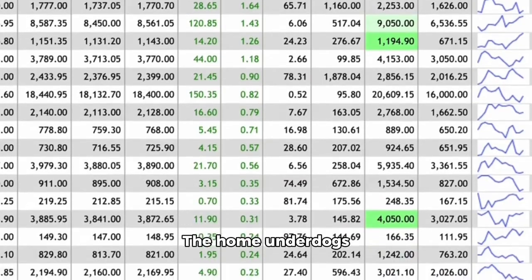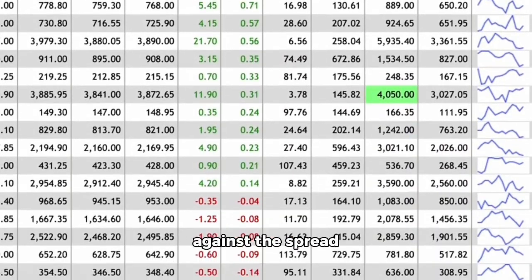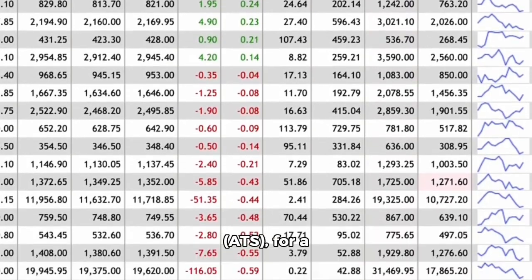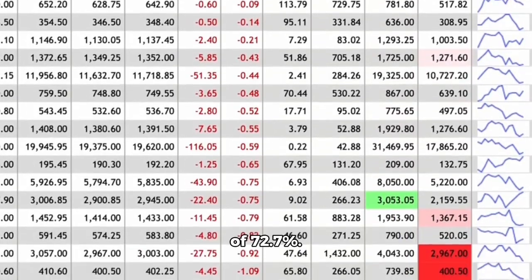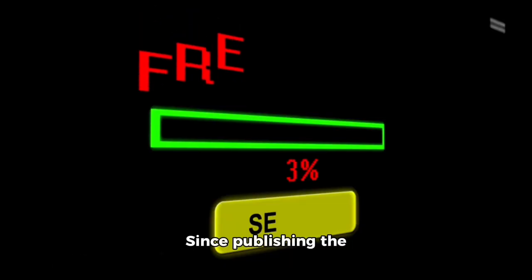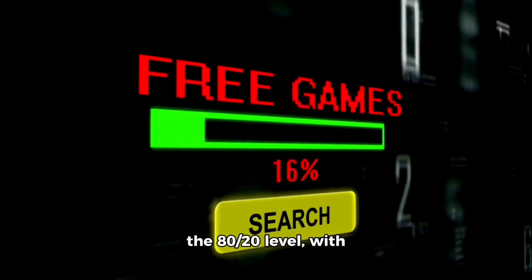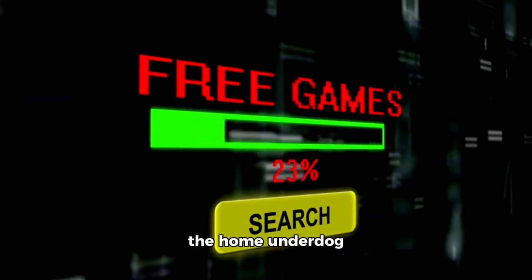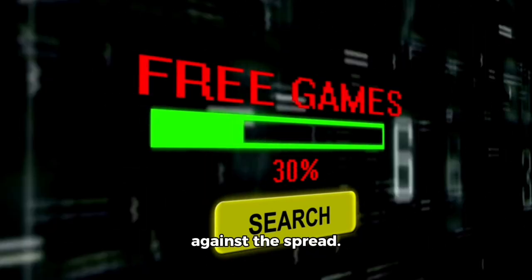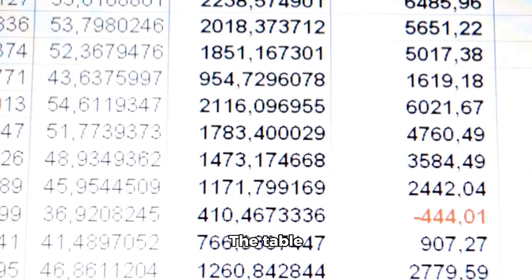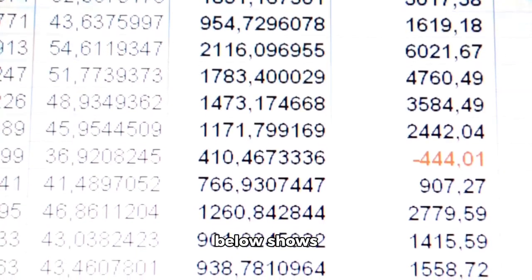The home underdogs finished 8-3-1 against the spread, ATS, for a winning percentage of 72.7%. Since publishing the article, 5 more games have fallen into the 80/20 level, with the home underdog going 3-2, 60%, against the spread. The table below shows a breakdown of these games.